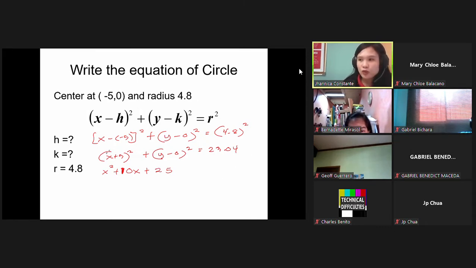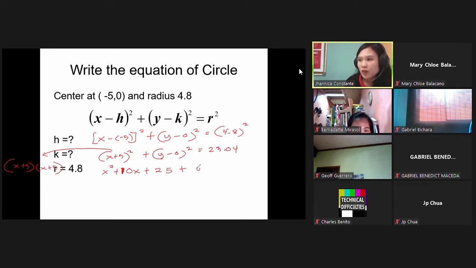We're going to solve for x plus 5 squared. It will be x plus 5 times x plus 5, plus y minus 0 squared. It will be y minus 0 times y minus 0.